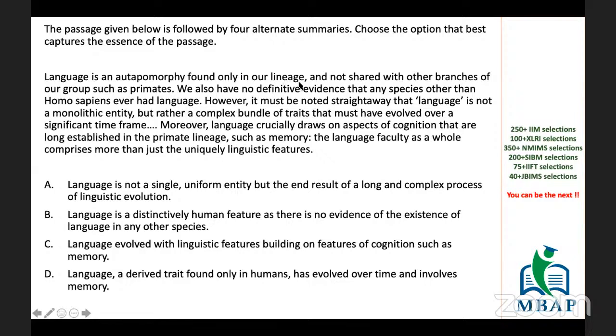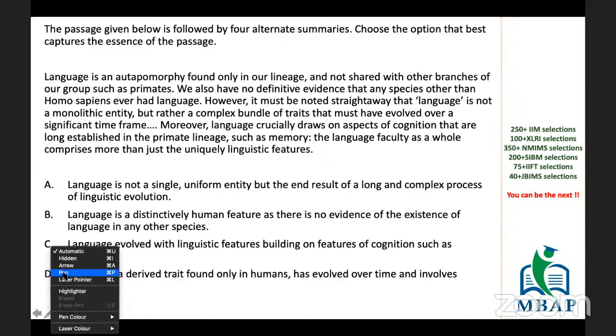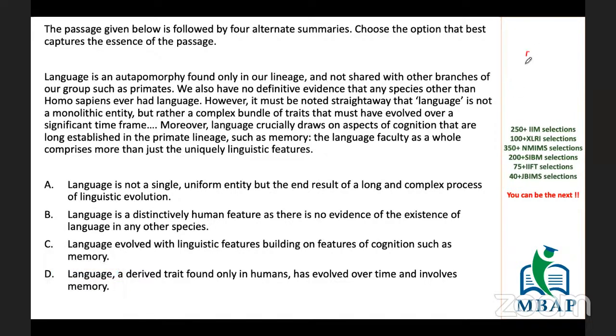First, anything which is having any additional information will not be a suitable answer, because if something is not there in the passage and we are giving it in the option, it means this is not the summary. So anything having additional information which is not there in the passage can definitely not be your answer.